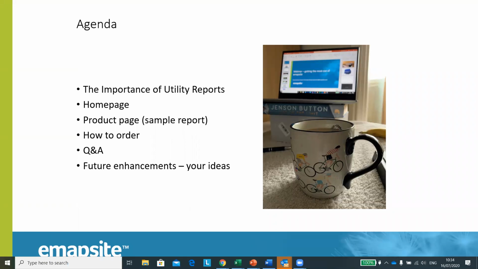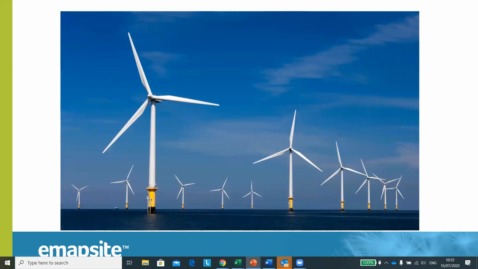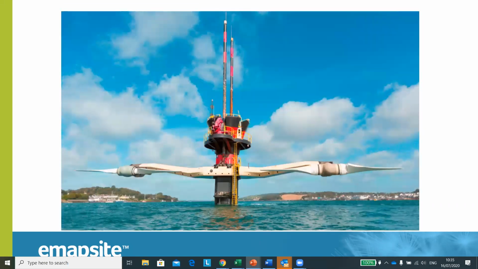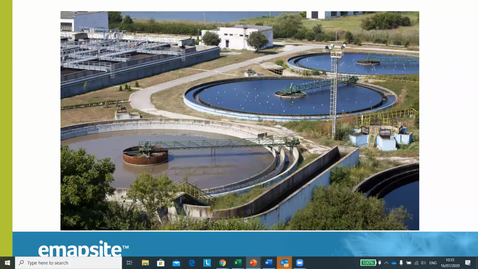So to get ourselves into the right frame of mind, if the slide will change. There we go. So we'll look at a brief overview of what utilities are and how they're used. Utilities come from a variety of sources. They come from power stations, wind farms, hydroelectric plants, solar farms, water treatment plants, among others.